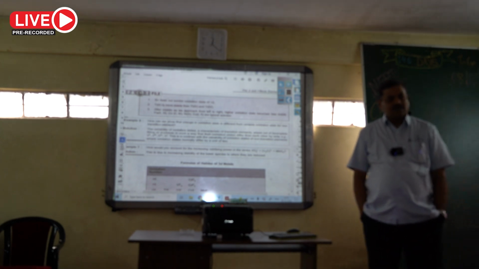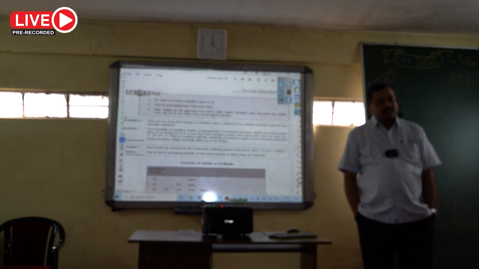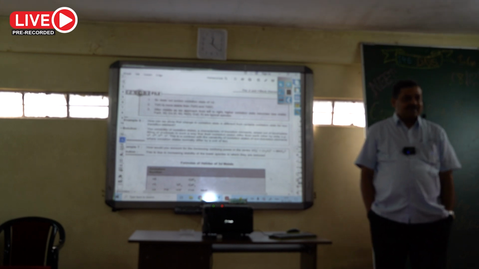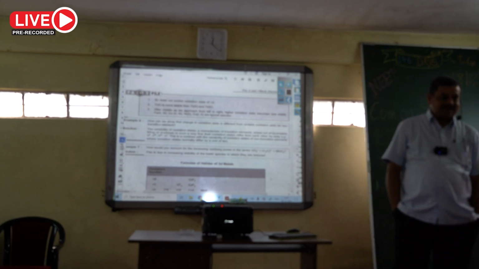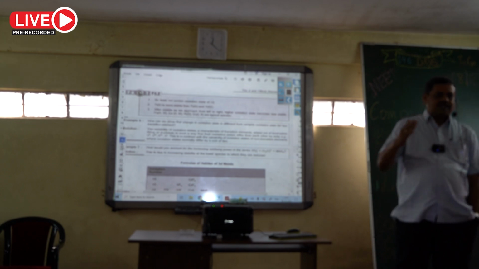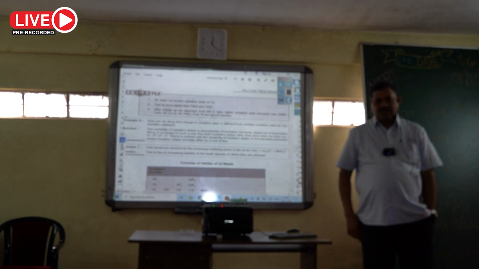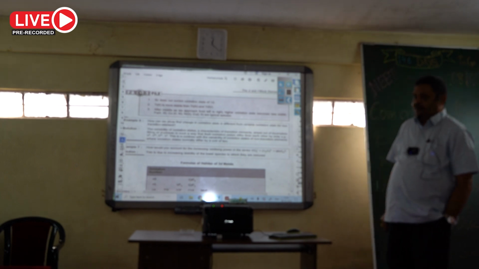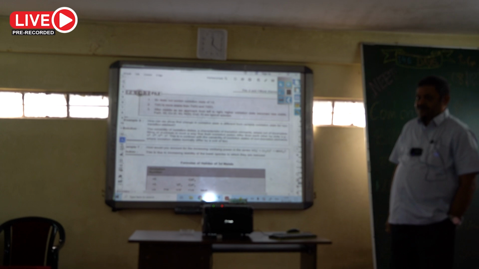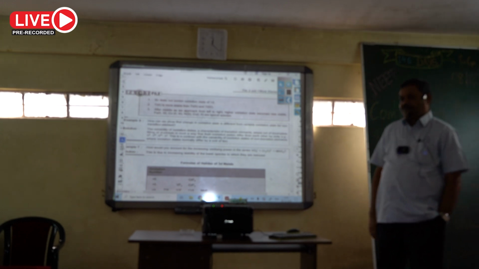Vanadium can also show VO with +2 oxidation state, or VO2+ with +3 oxidation state. So it shows +2, +3, +4, +5. Each oxidation state differs by 1 unit, whereas in P block non-transition elements, the oxidation state shows a difference of 2 units.